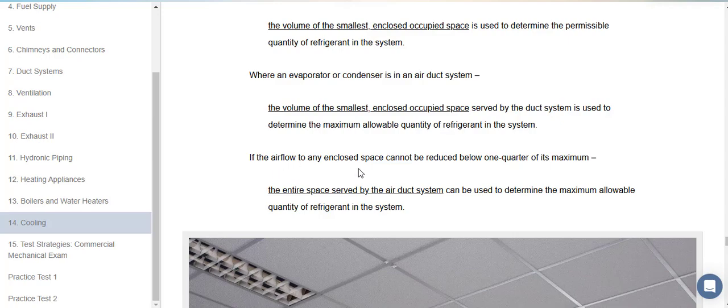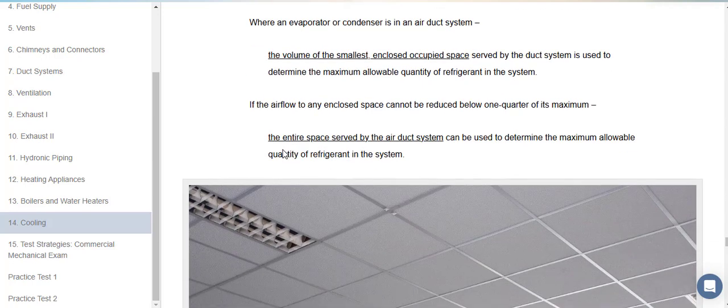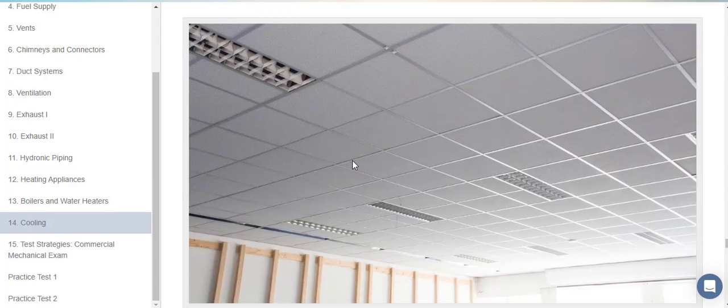If the airflow to any enclosed space cannot be reduced below 1/4 of its maximum, the entire space served by the air duct system can be used to determine the maximum allowable quantity of refrigerant in the system.